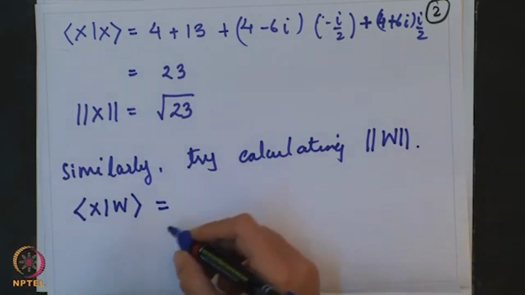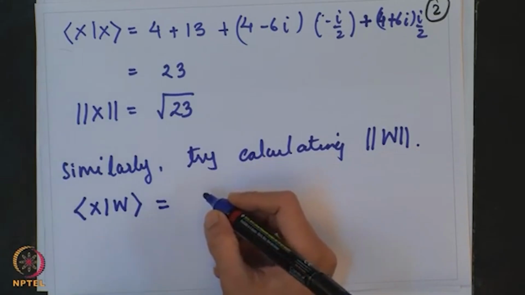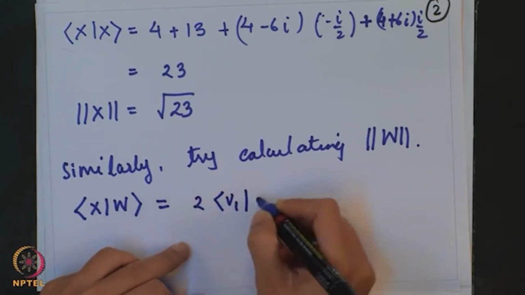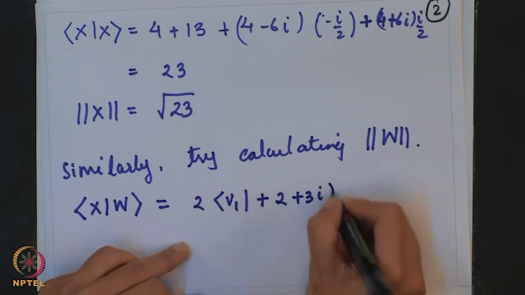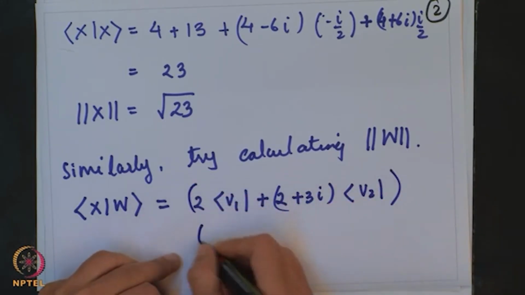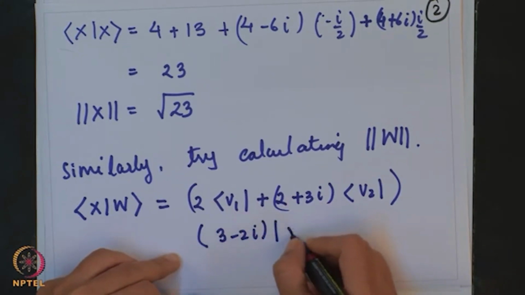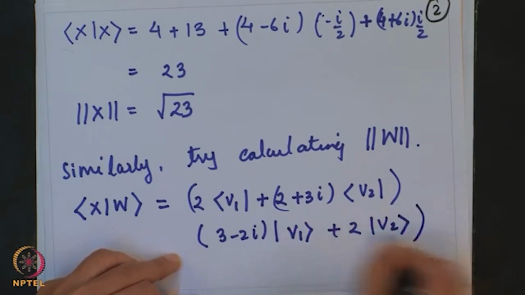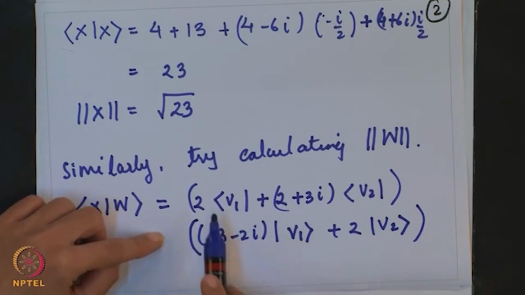So for <x|w>, in the same way we will take the x term, which is 2v1 plus (2 plus 3i) v2, on w, which is (3 minus 2i) v1 plus 2v2. This can also be easily evaluated.